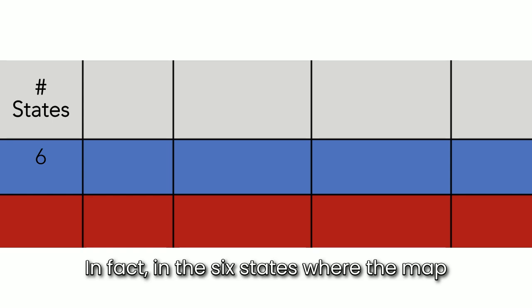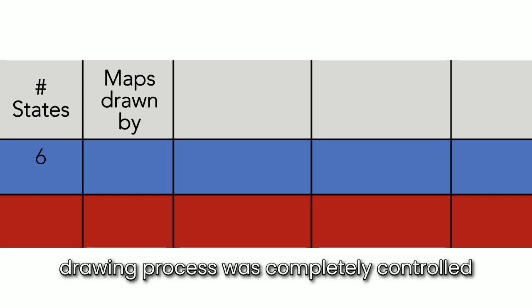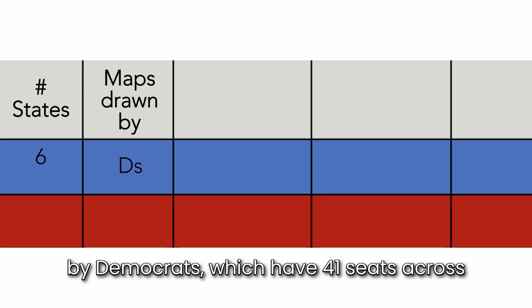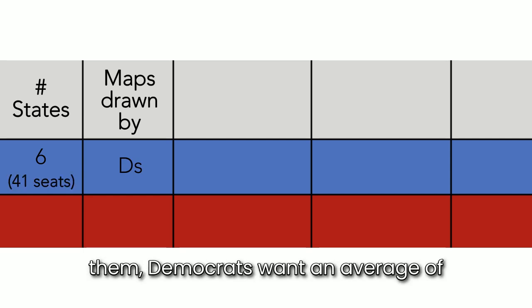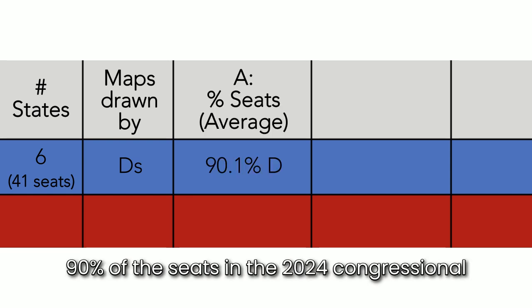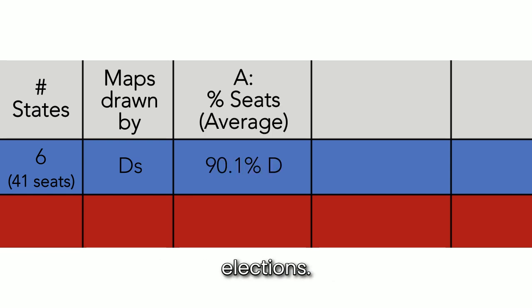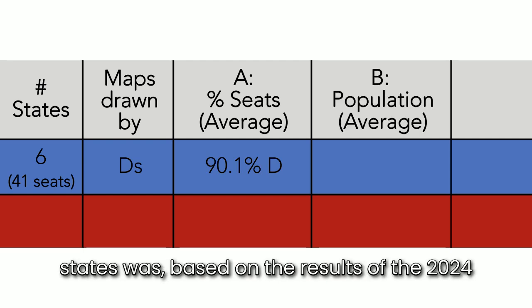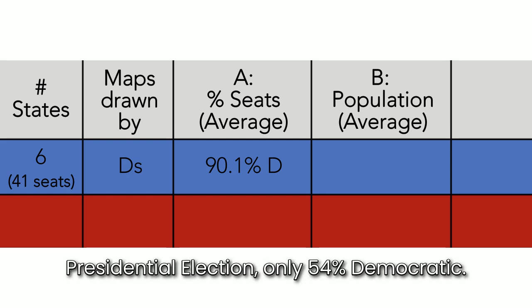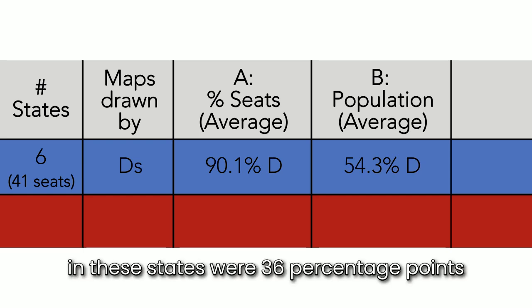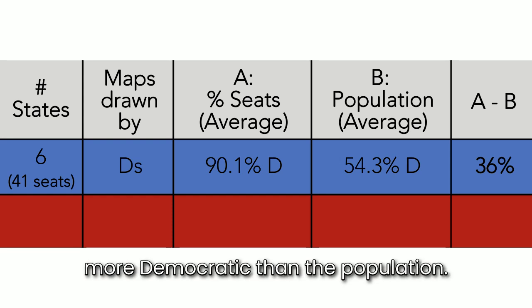In fact, in the 6 states where the map drawing process was completely controlled by Democrats, which have 41 seats across them, Democrats won an average of 90% of the seats in the 2024 congressional elections. However, the average population in these states was, based on the results of the 2024 presidential election, only 54% Democratic. This means that, on average, the seats in these states were 36 percentage points more Democratic than the population.